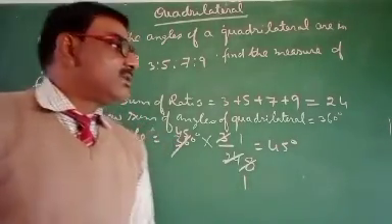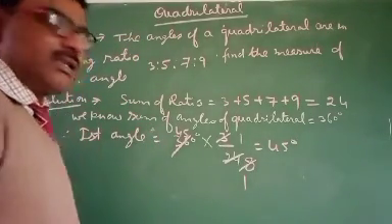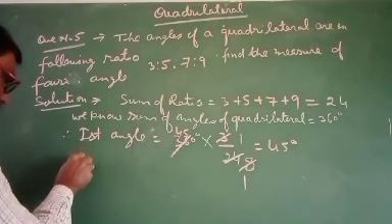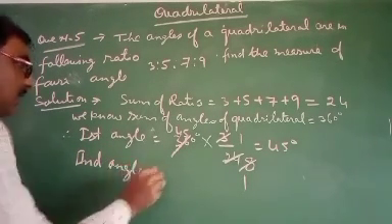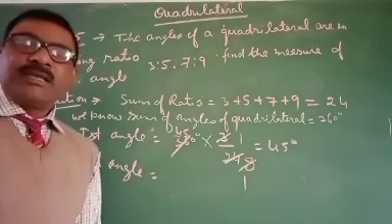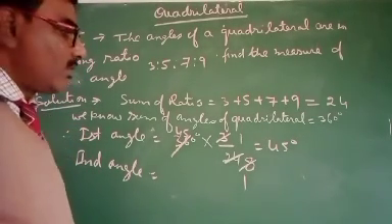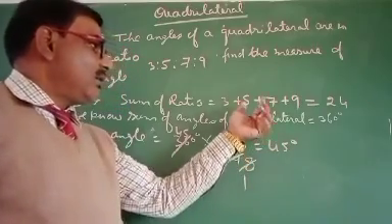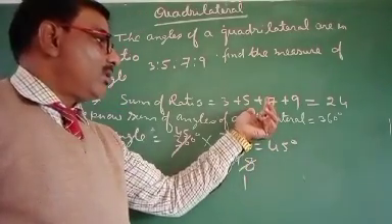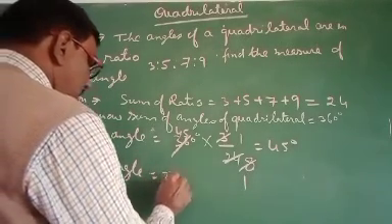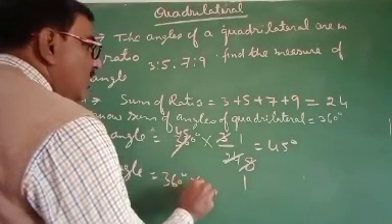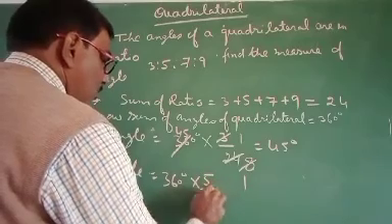Now the second angle. The ratio of the second angle is 5 and the sum of ratio is 24, therefore the second angle equals 360 degree multiplied by 5 by 24.